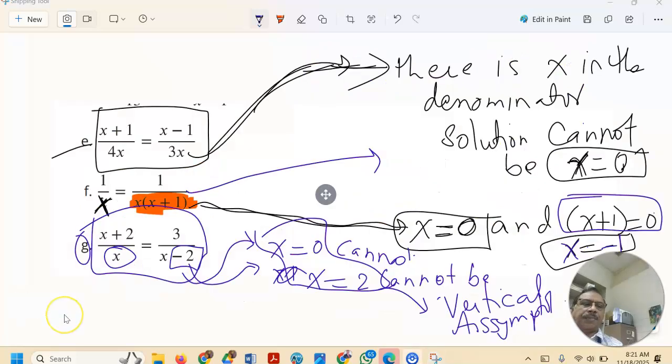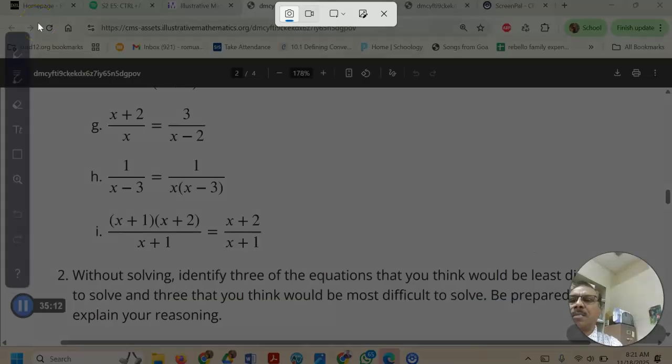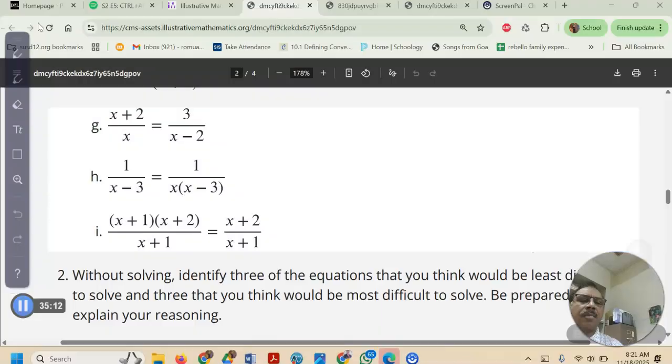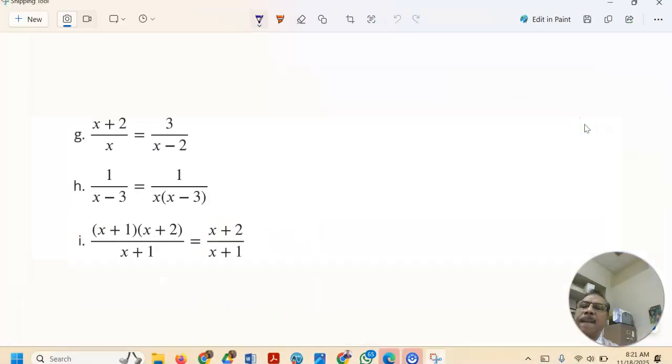Okay, so let's do the last three and we are done, I think. Okay, look at this piece. I think G we did, right? So this is already done, the last two.